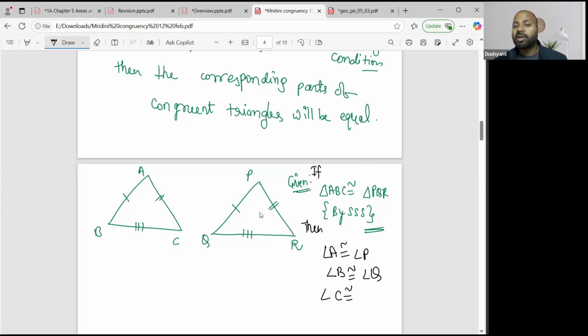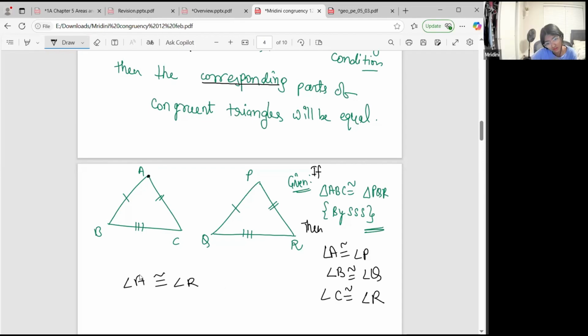Now, angle C must be equal to which angle? Angle C will be equal to angle R. What is the role of corresponding here? Can I also write that angle A will be equal to angle R?